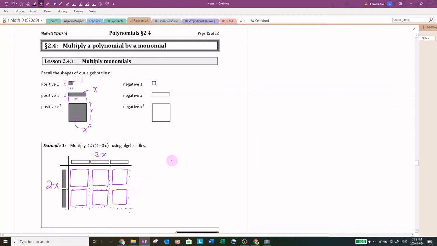So the answer here is that negative x times x is negative x squared, and there are 6 of them. So 2x times negative 3x equals negative 6x squared. That was hopefully fairly straightforward.